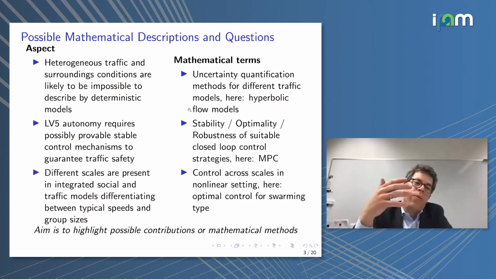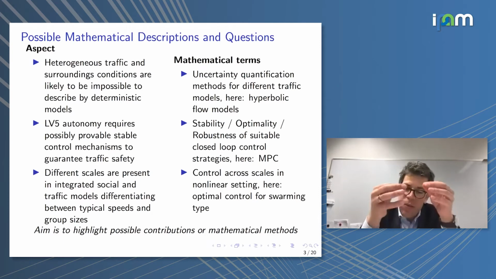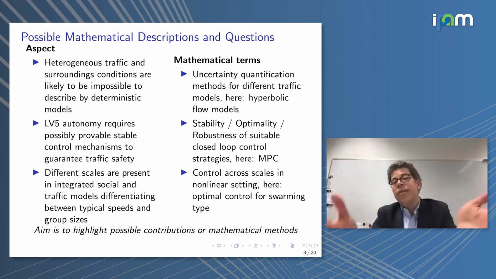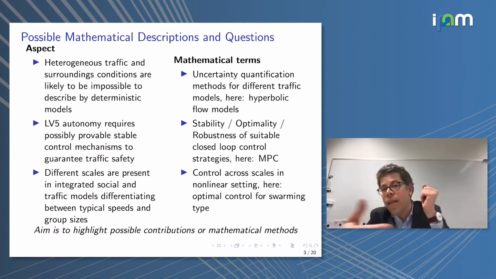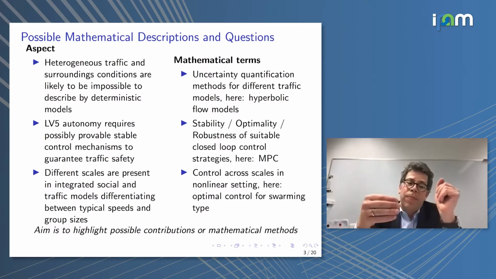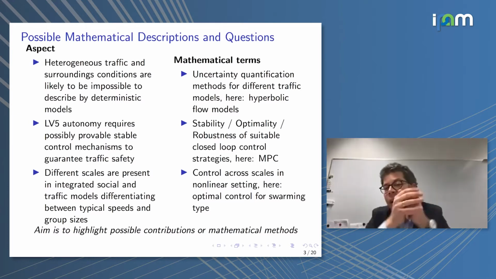I want to describe this heterogeneity by an uncertain parameter or by some stochasticity which enters classical models. Then I want to show you what can go wrong and what kind of new mathematical questions arise here. And this I will do on the fluid level description of vehicular traffic.